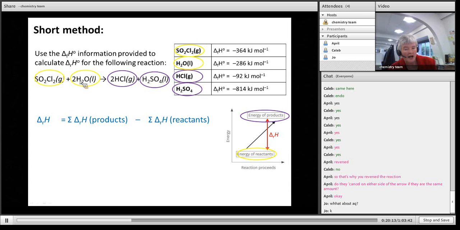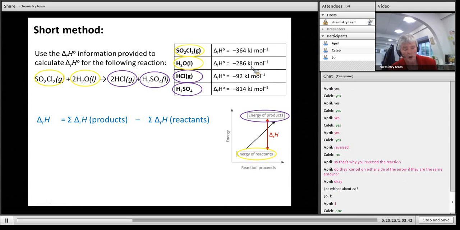This one though, I need 2 waters. This only gives me the energy to make how many waters? 1 or 2? 1. So because I need 2 of them, I'm going to have to double it. So there's my product, the products in purple, reactants in yellow.